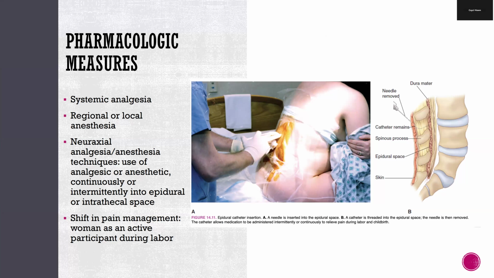Pharmacologic pain relief during labor includes systemic analgesia and regional or local anesthesia. So, systemic analgesia: what I want you to remember is while giving IV pain medication is still done, it's still not as popular as your epidural or going natural or, in some hospitals, nitrous oxide.